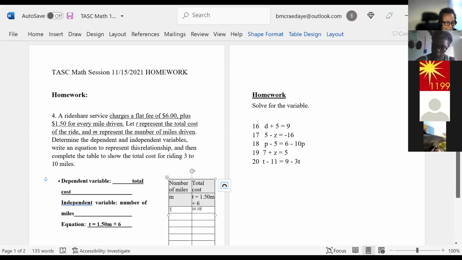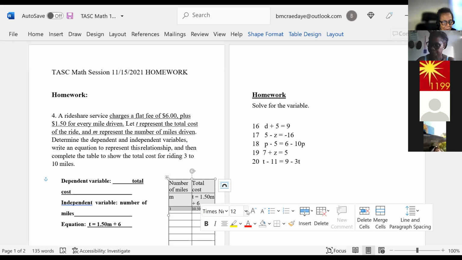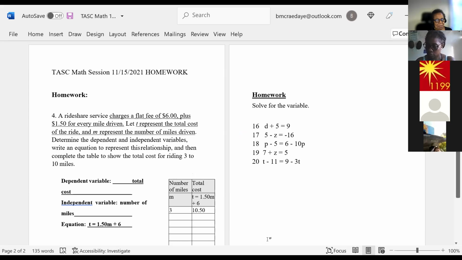Okay, that's what you get. Let me make that text a little bigger. 10.50. So that means for 3 miles, you pay $10.50. That's 1.50 times the number of miles, 3, which is 4.50, plus 6 is 10.50.